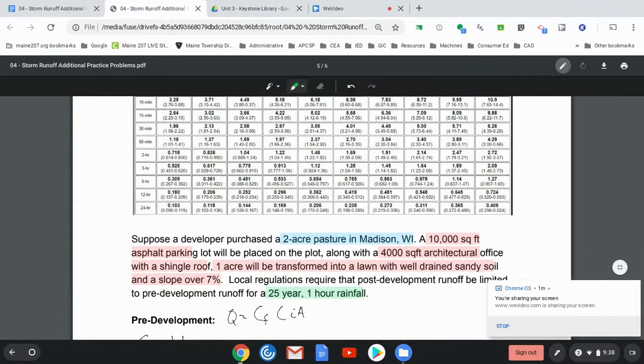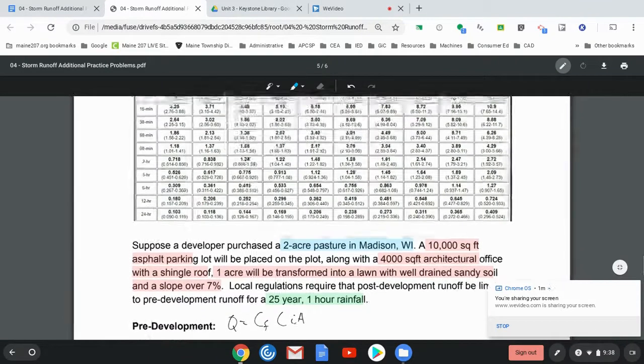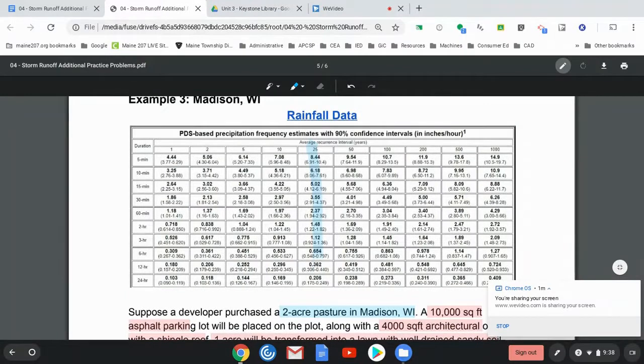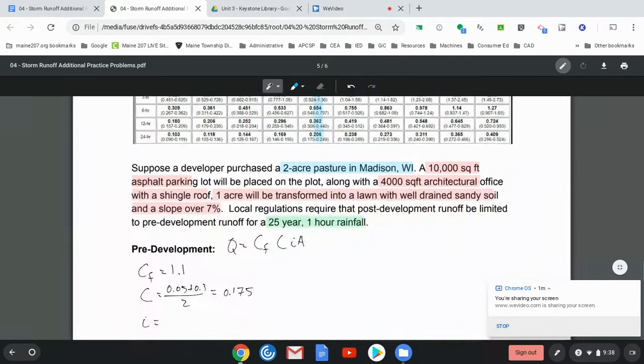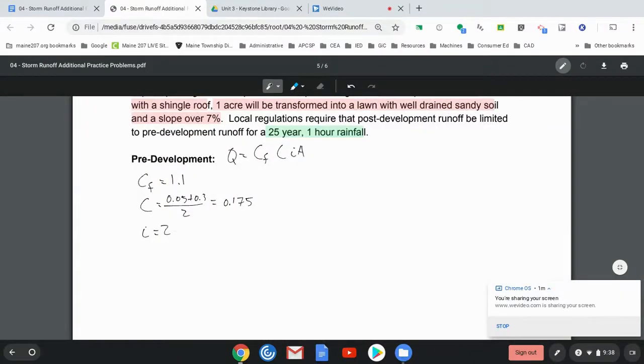I: so 25-year, 1 hour. The design storm is 2.37. So I is 2.37 inches per hour. And area, remember, is 2 acres.